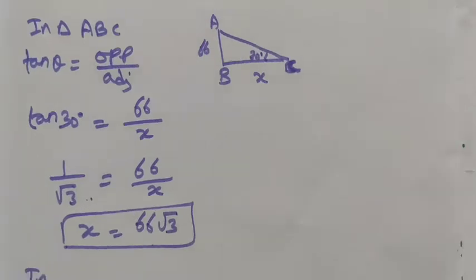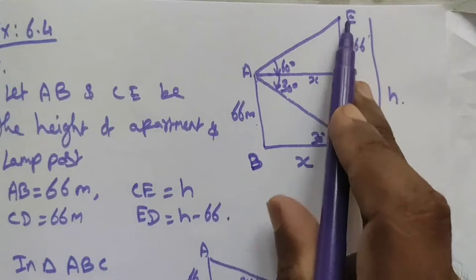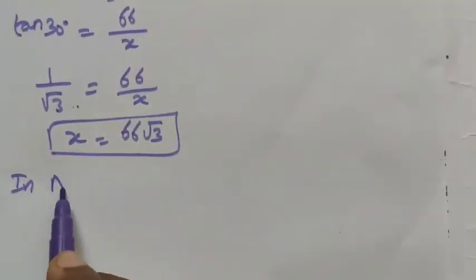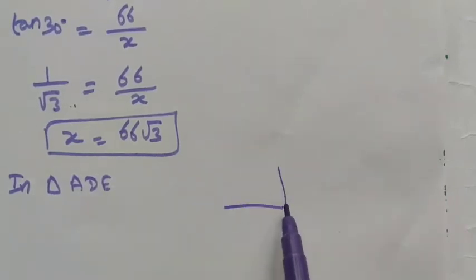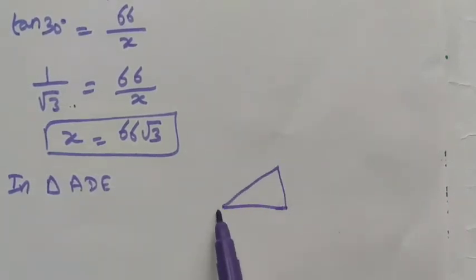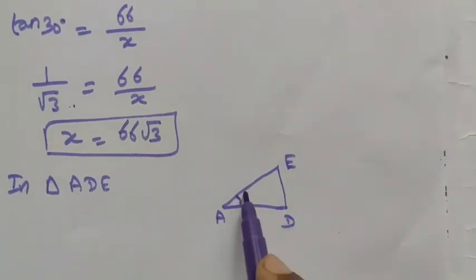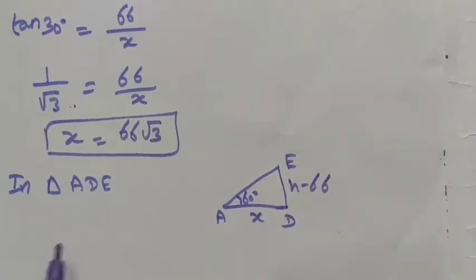Next we take the upper triangle, ADE. I draw it roughly. This is A, D, E. This angle is 60 degrees, this side is H minus 66, and this is x.